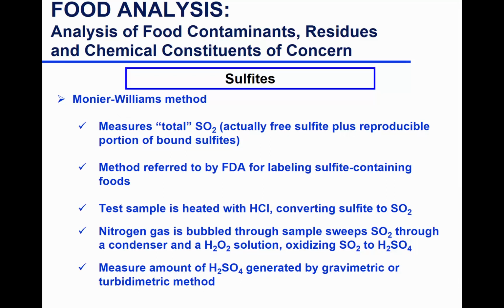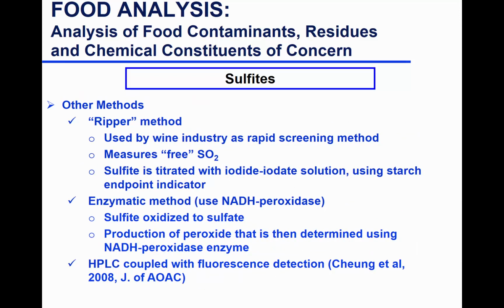That is the most common method, especially for labeling. There are different methods: the Ripper method, which is a titration method, and then an enzymatic method, and also an HPLC method. But the one that you really need to know is the Monier-Williams.